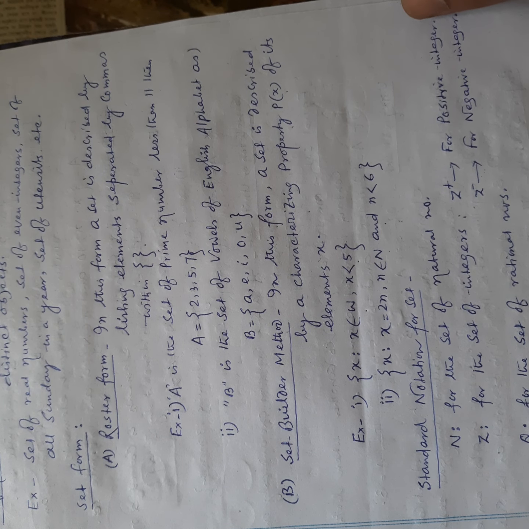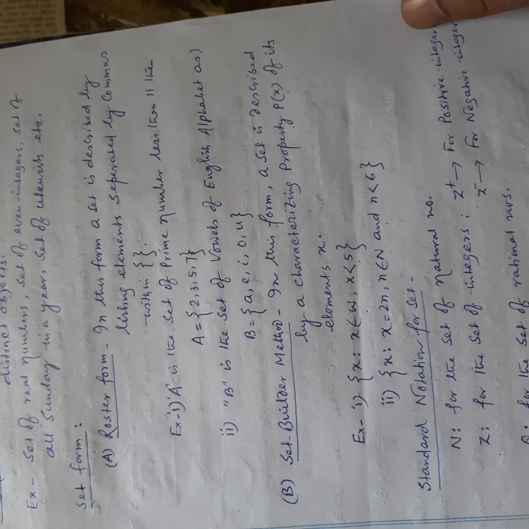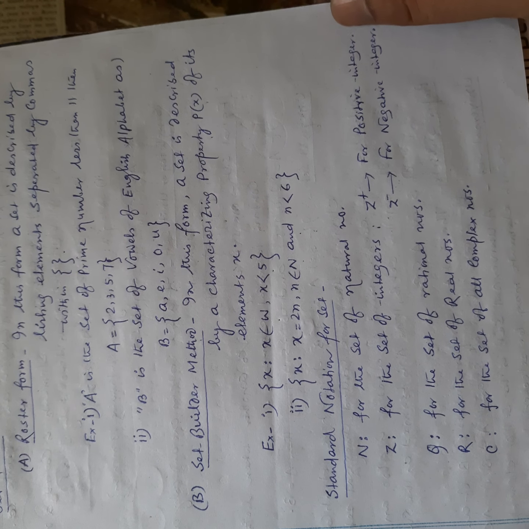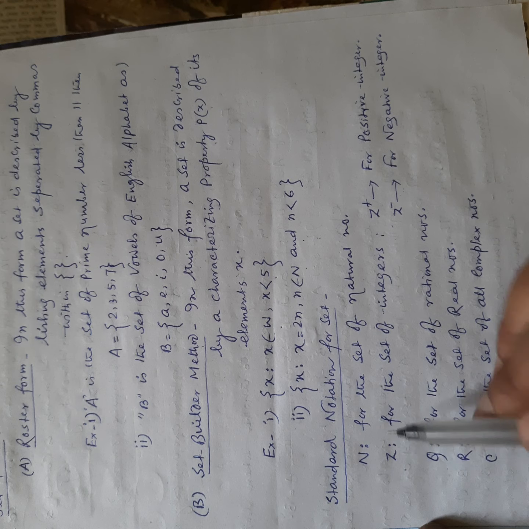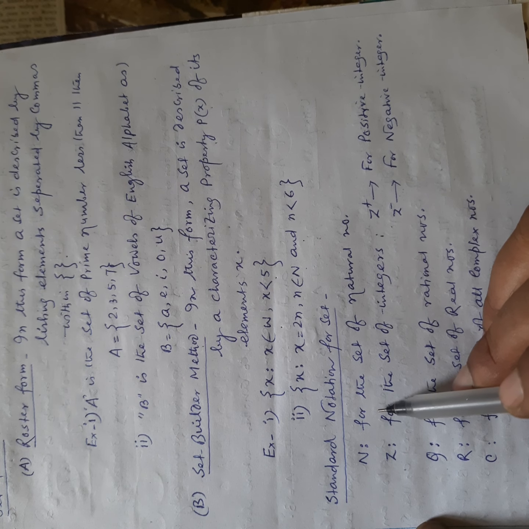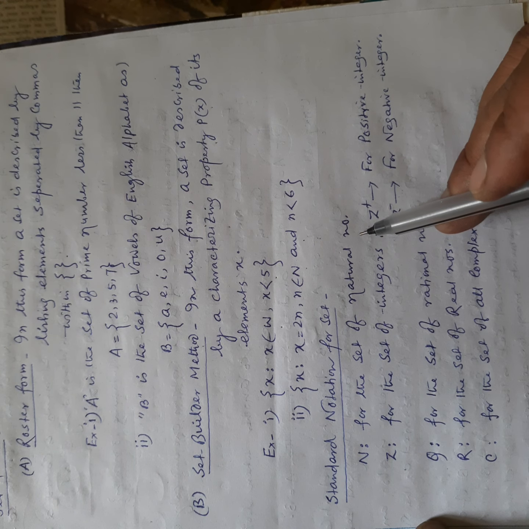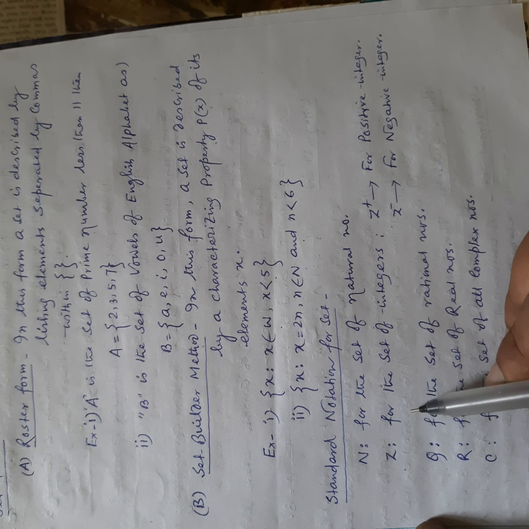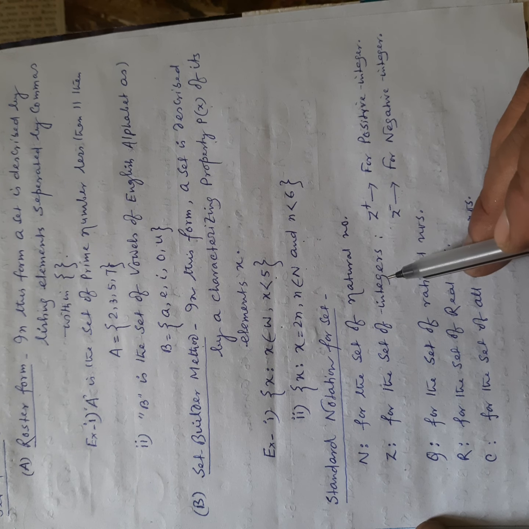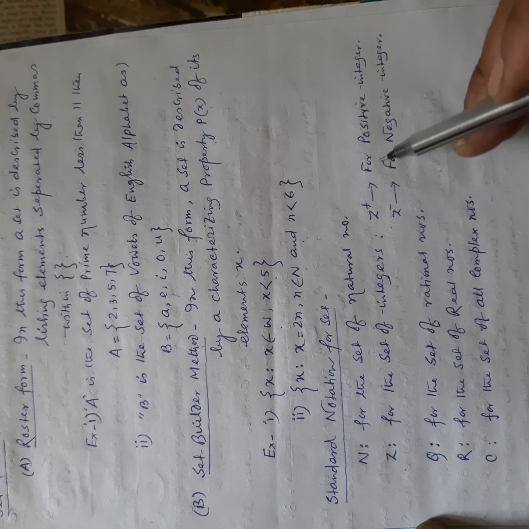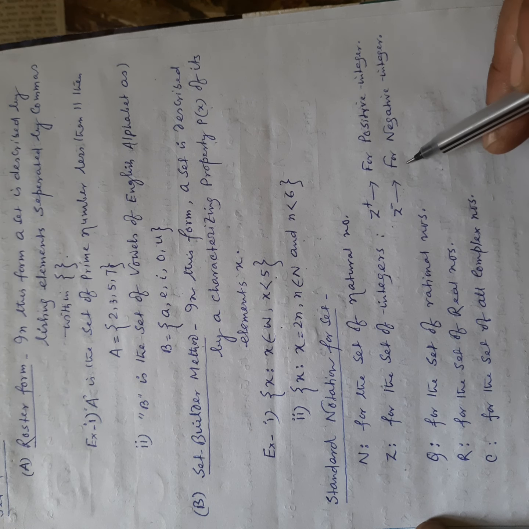There are some standard notations for sets. Capital N for the set of natural numbers, capital Z for the set of integers, Z plus for positive integers, Z minus for negative integers.